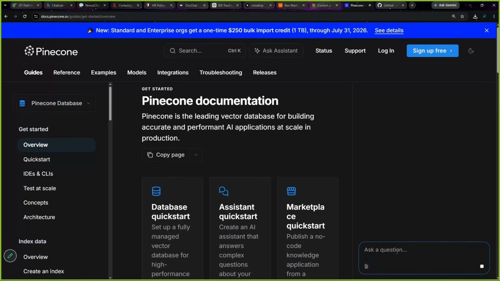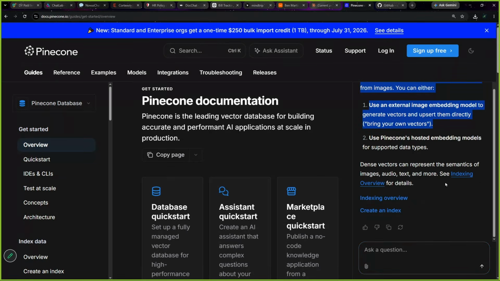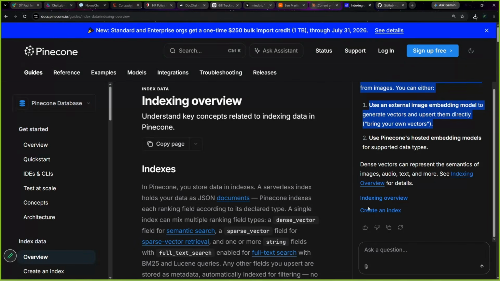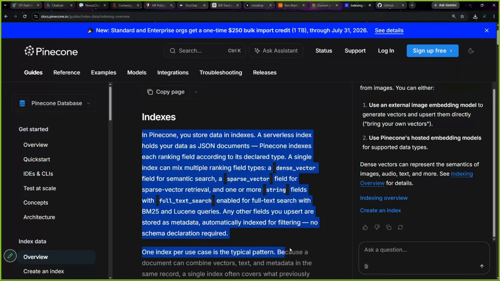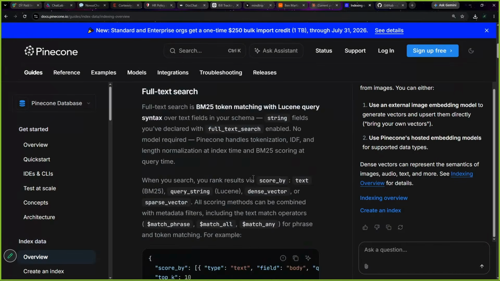It will search this Pinecone website and give me the information about my answer, that yes, Pinecone is designed to do all of this. And if you want to read more about it, check out these documents, and I can directly go to the document and read it. This is the use case of RAG. We are just seeing it live, that 98 to 99% of use cases are all RAG and RAG. All right, so I hope you get it.